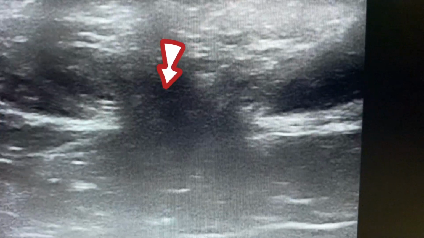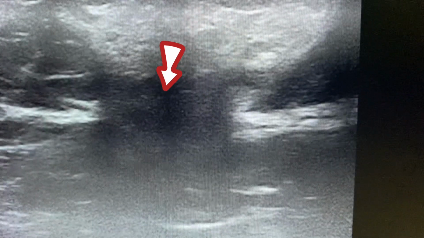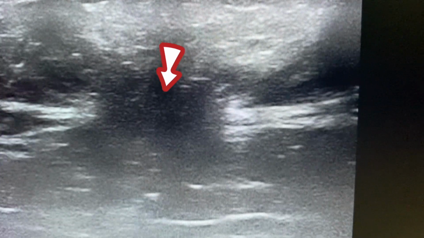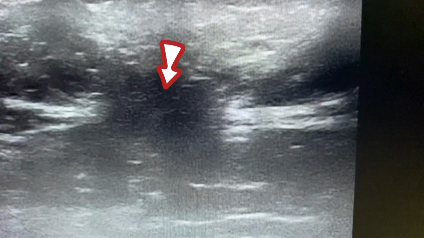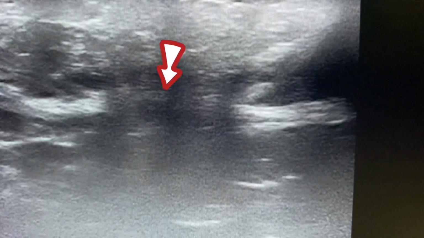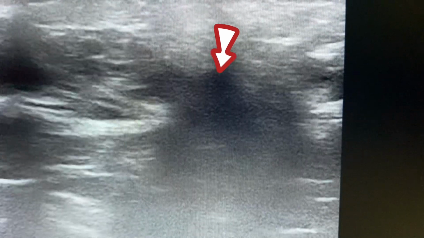I am rotating the probe to the oblique side to check peristalsis, but cannot find any peristalsis.